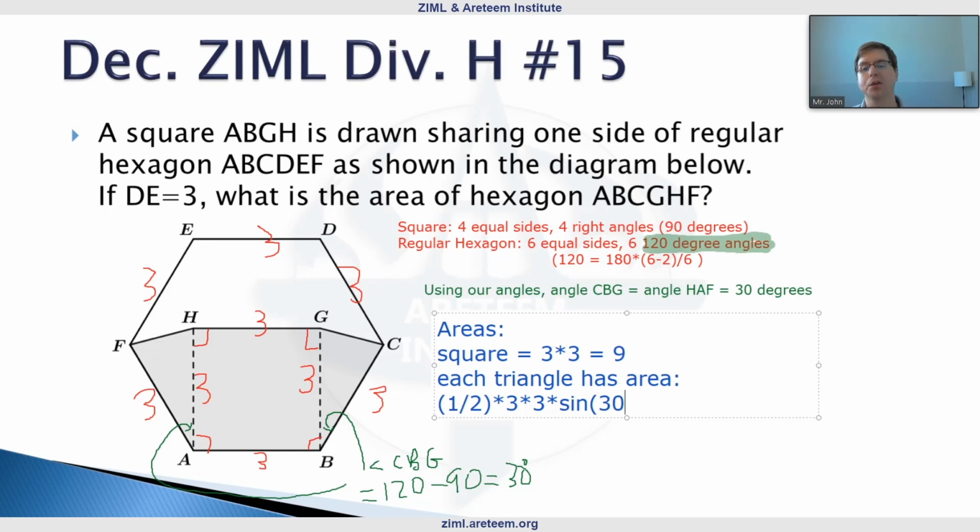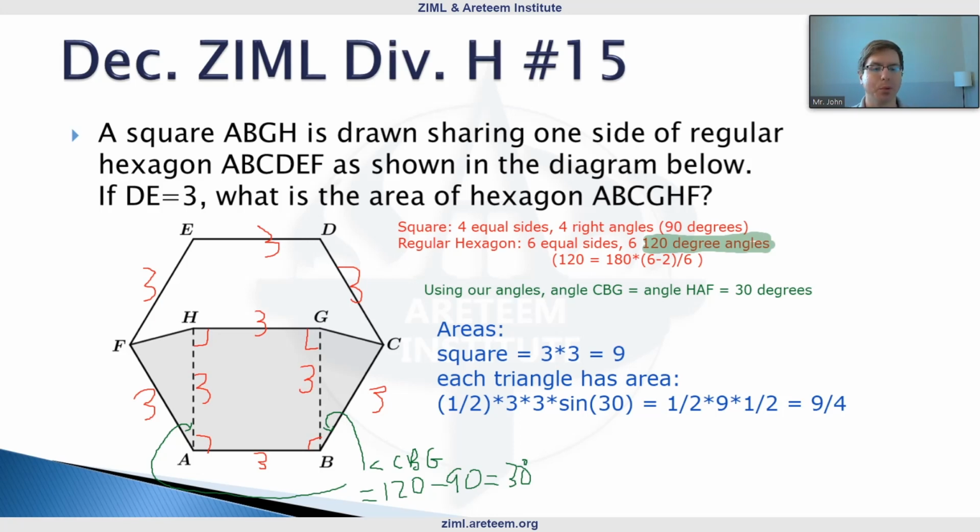This is our first exposure to some trig today. So we have 1/2 times 9 times sine of 30, which is also 1/2. So in fact, each of these triangles themselves has an area of 9/4. So 1/2 side, side, and the angle in between them.